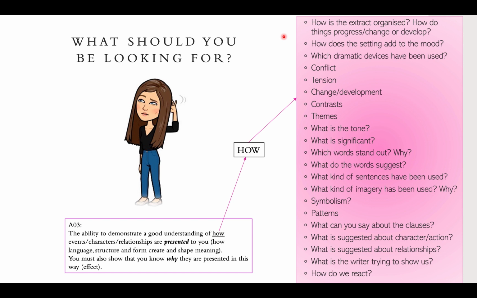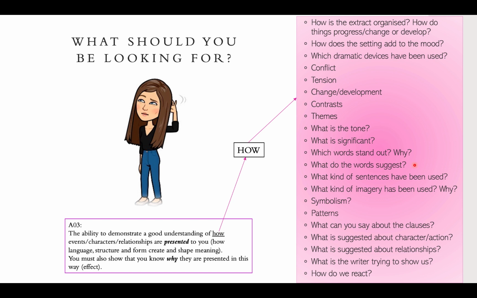So think about your stage directions, think about hesitations, characters cutting each other off, how much one character speaks in comparison to another, entrances and exits. If you can see any conflict, tension, any changes or developments, contrasts, themes, tone, what particularly stands out and is significant to you. What words stand out, so we're thinking about the language, and if they do, why? What do these words suggest? What kind of sentences have been used?